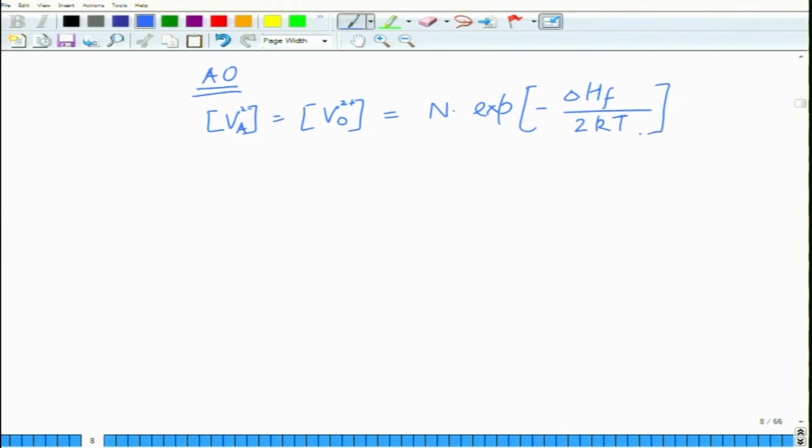So, here you have this factor of 2 that comes in the denominator for ionic solids, but the relations are similar.